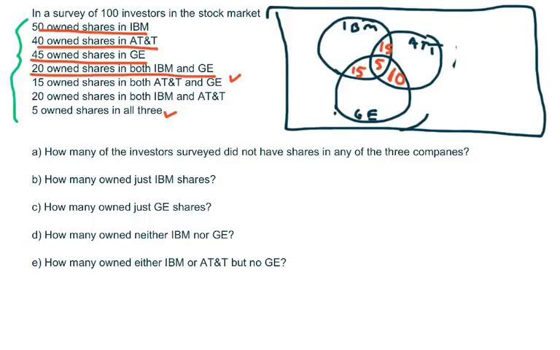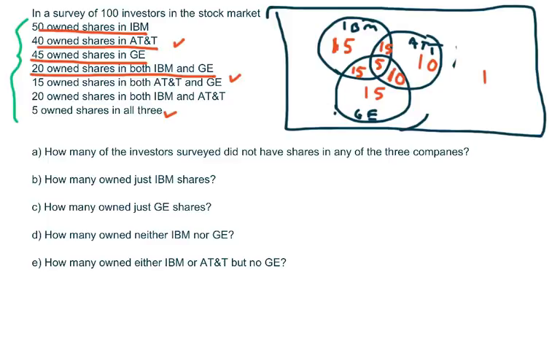Now I'm going to subtract out to get my 50 in IBM. I already have 35, so I need 15 more here. In AT&T, I have a total of 40. So I'm going to subtract this out and I get 10. And for GE, I'm going to have a 15 here. So when you fill everything out, how many investors surveyed did not own any shares?